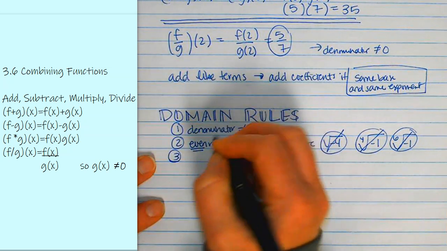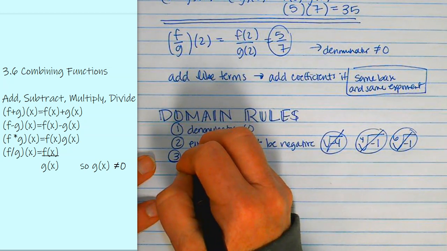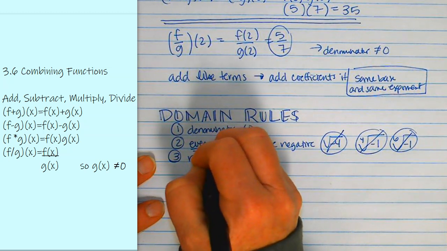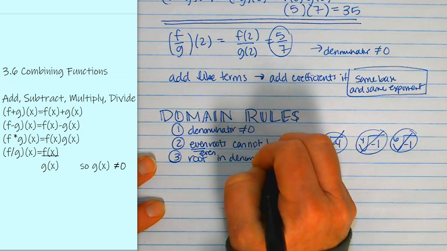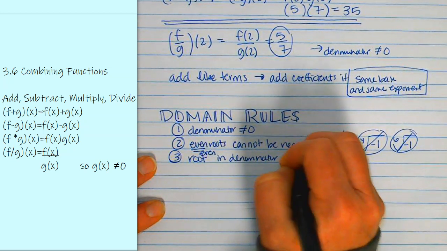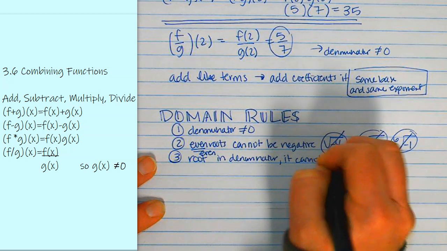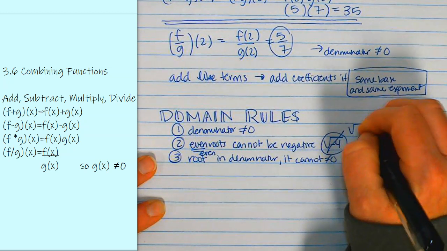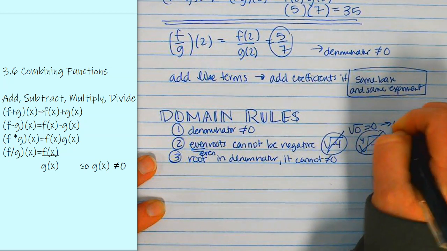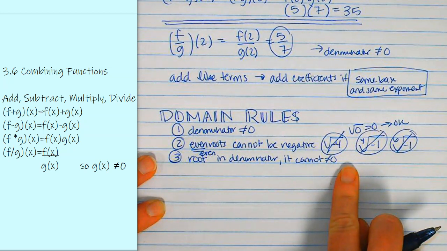And then 3, if we have an even root in the denominator, it cannot equal 0. The square root of 0 is 0, and that's okay, but in the denominator, it's not.